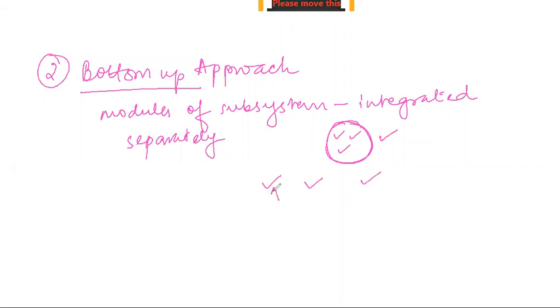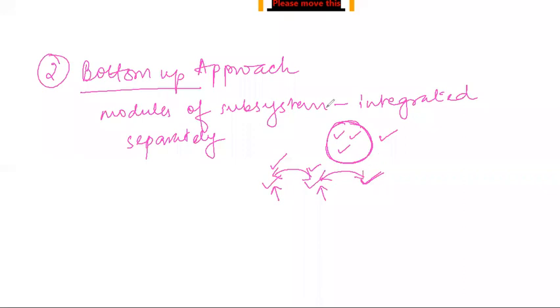They are integrated individually or independently. Suppose first I check this, there is no error. Then I check this, there is no error. Then I interface these two and check, there is no error. Next, I check this independently, there is no error. Then I interface the result of this with this and I see that there is an error.